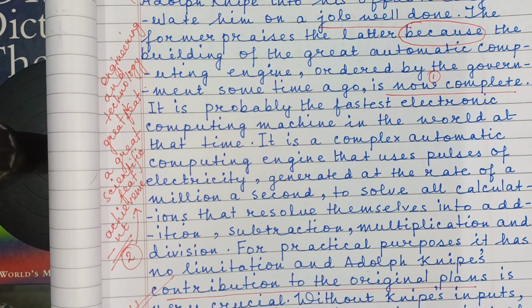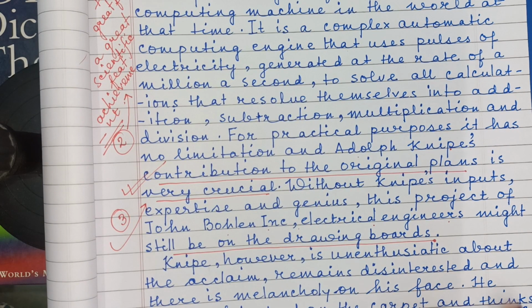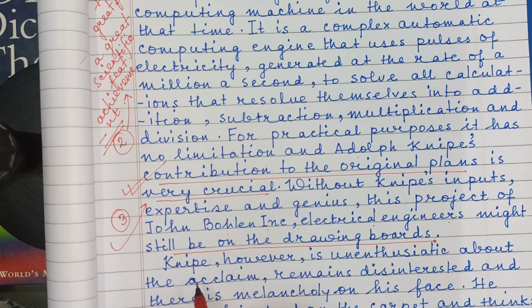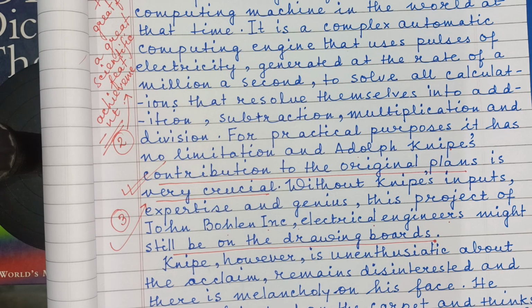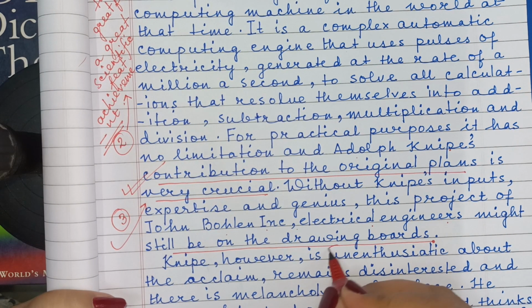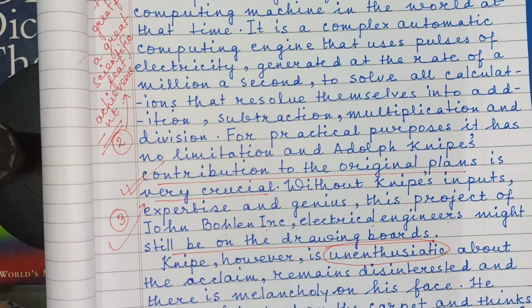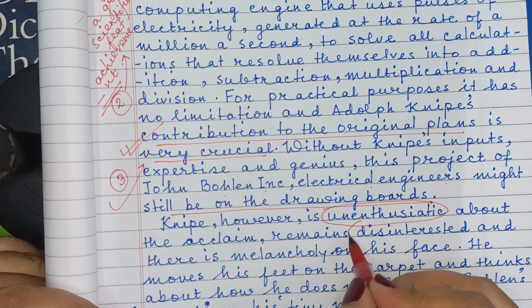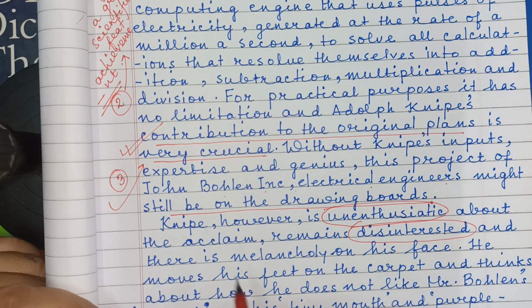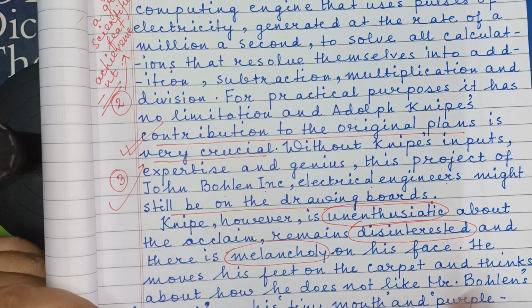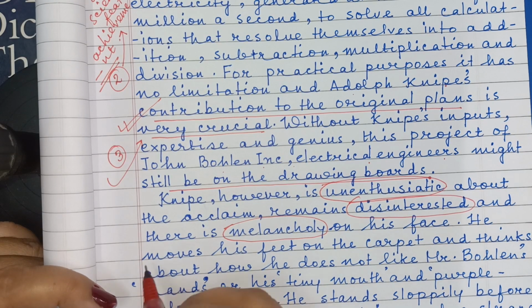And now, how did Knipe react to it? Let's see. Knipe, change paragraph. So, change paragraph for the second subpart. Knipe, however, is unenthusiastic. First reaction about the claim, remains disinterested. Second, there is melancholy on his face. Third, he is sad. He moves his feet.